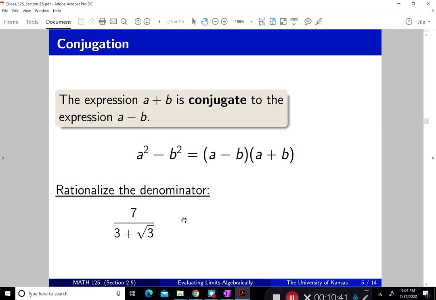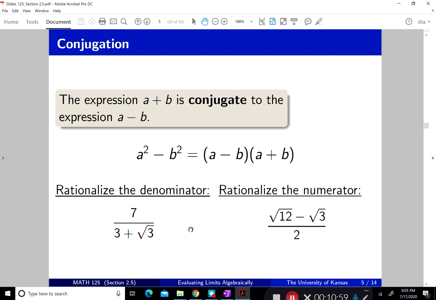And this basically helps us, let's say, rationalize the denominator. I can multiply the numerator and denominator of this fraction by 3 minus square root of 3, and then it would rationalize the denominator. Or sometimes we need to rationalize the numerator, and that comes in handy a lot in calculus, and we'll see it very soon in this section and the follow-up sections.